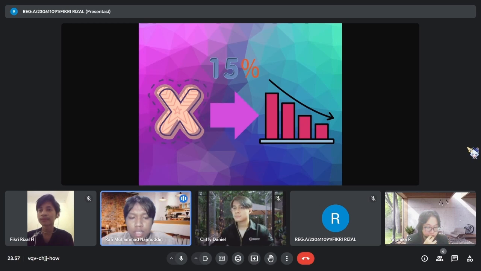Next one is the product development. The R&D team will be mandated to conduct further research and develop product X feature to better suit current customer needs. The third one is employee training and development.